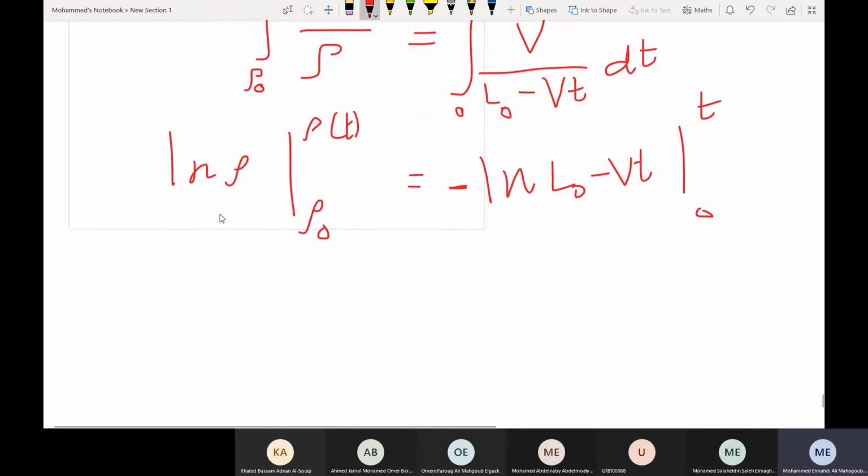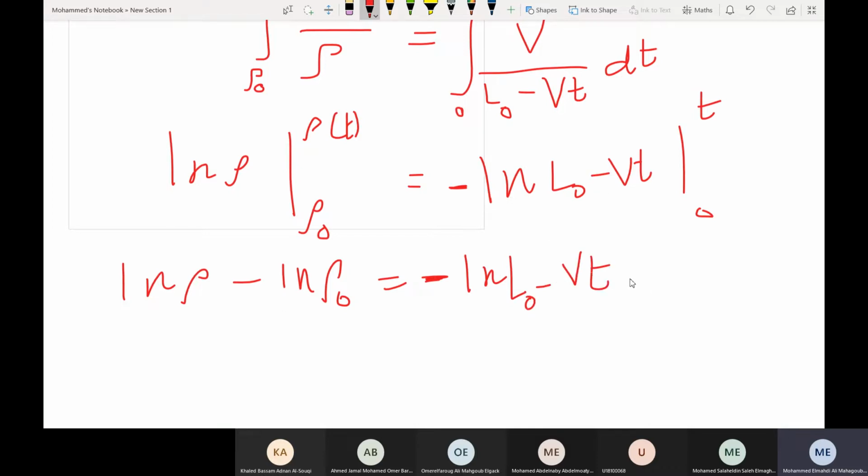The ln of a subtraction turns into a division: ln rho t minus ln rho naught turns into ln of rho t over rho naught. So ln rho t minus ln rho naught equals minus ln of L naught minus VT, plus, because of the outside minus, ln L naught, which is the value when time is 0. So here we have a division in the ln, and here too, because this is the minus and this is the plus.